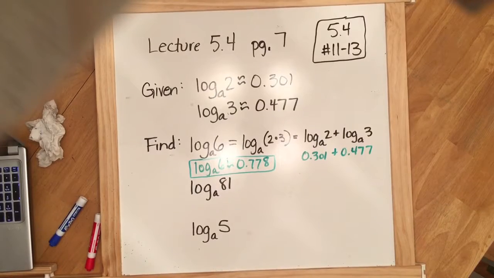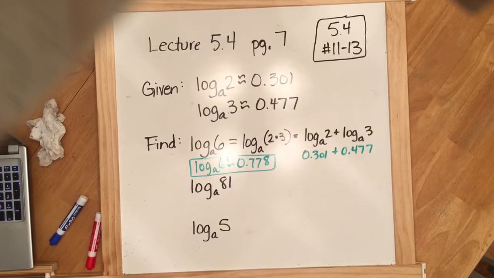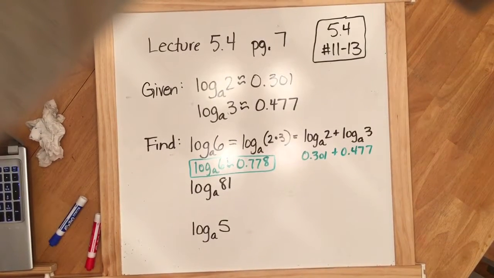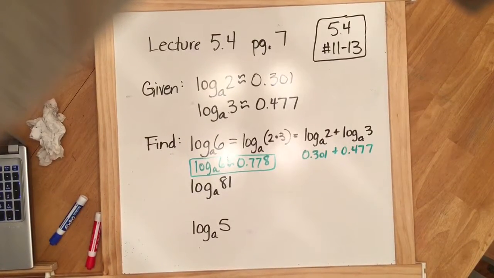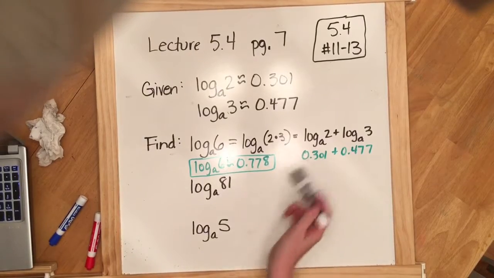And the next thing we look at is we want to find 81. So we want to think of ways that we can use a combination of 2 and 3, or 2 and 3 individually as a product, quotient, or power in order to use our properties to find this.